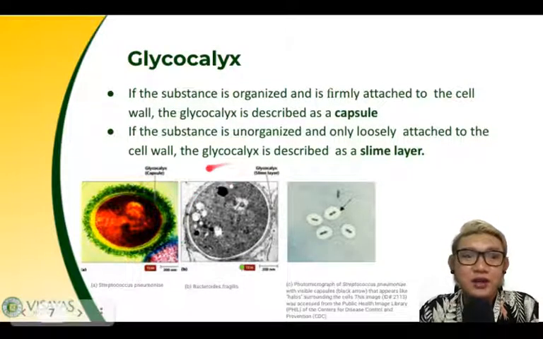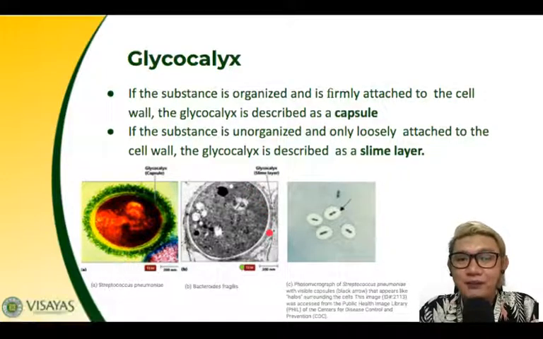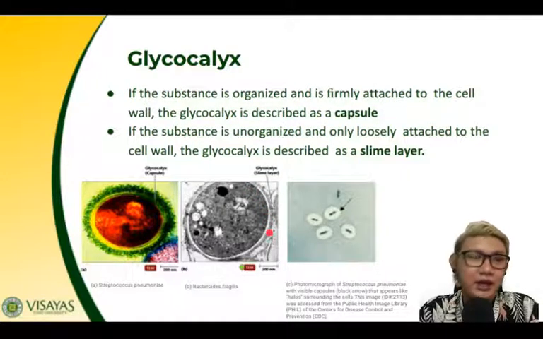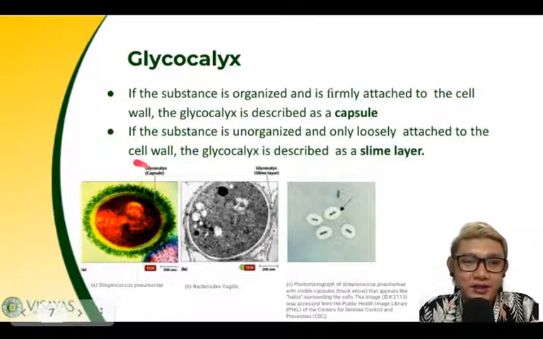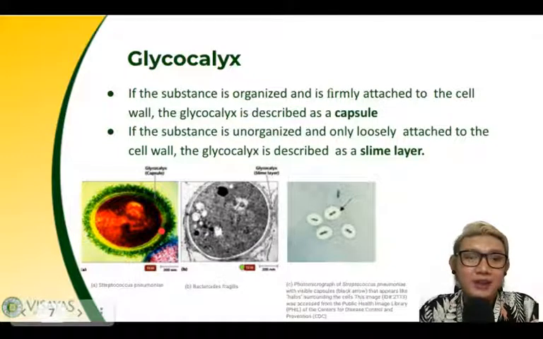Well, if the substance is unorganized and only loosely attached to the cell wall, then the glycocalyx is described as a slime layer. So again, capsule is organized and firmly attached to the cell wall, while slime layers are those that are unorganized and are loosely attached.